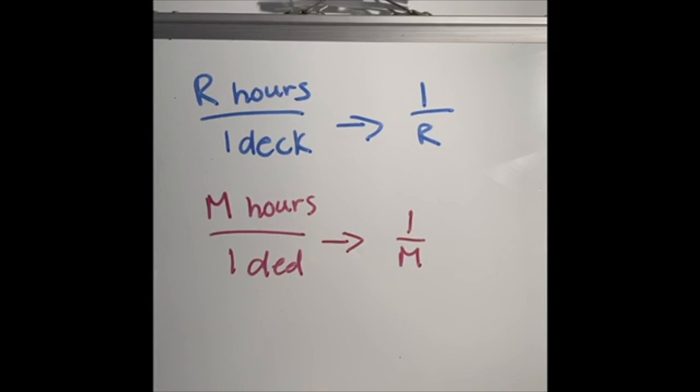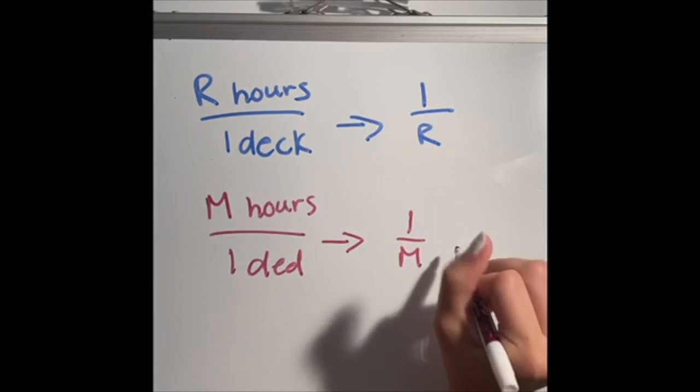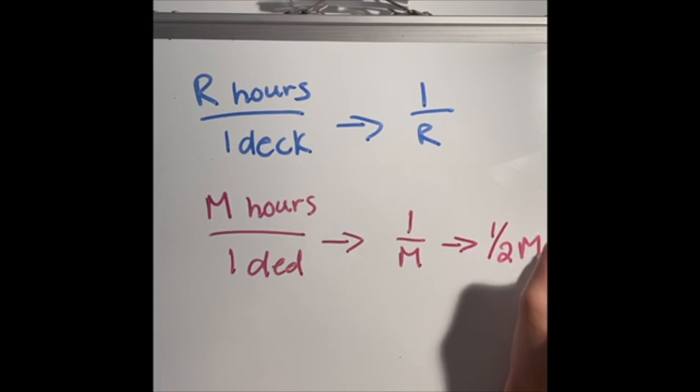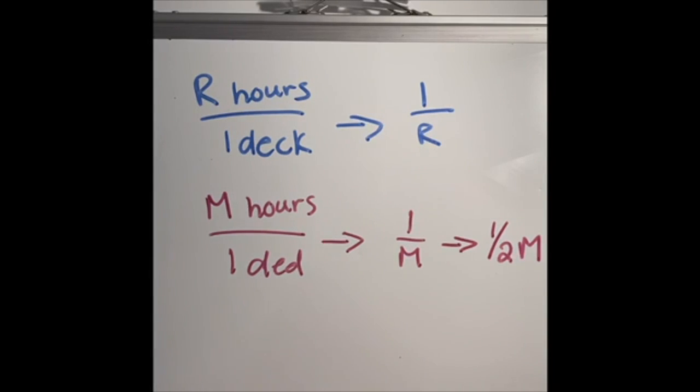When we look back at the equation, we know that Madison took twice as long as Riley did, so her equation will actually be 1 over 2M. When they worked together, it took 8 hours.